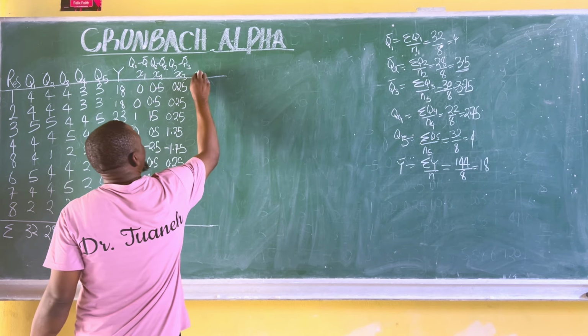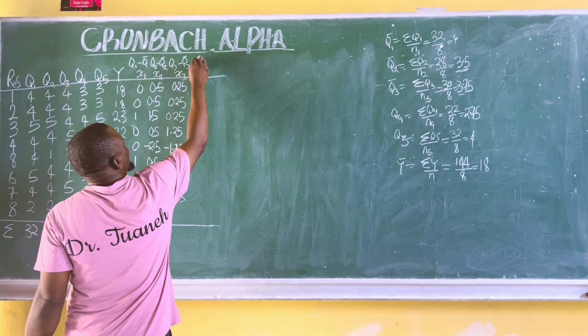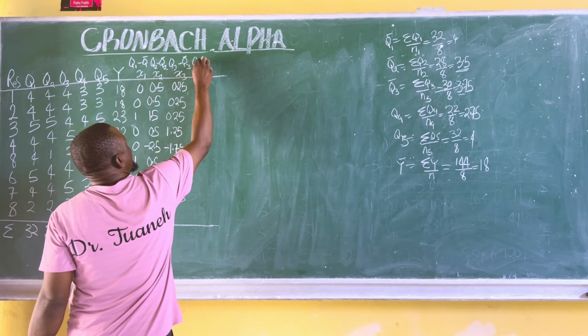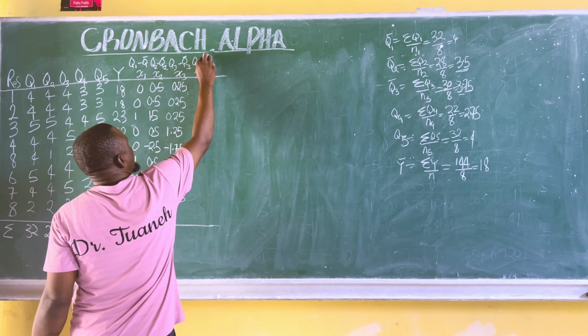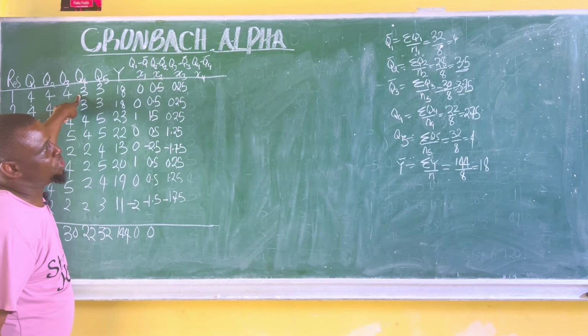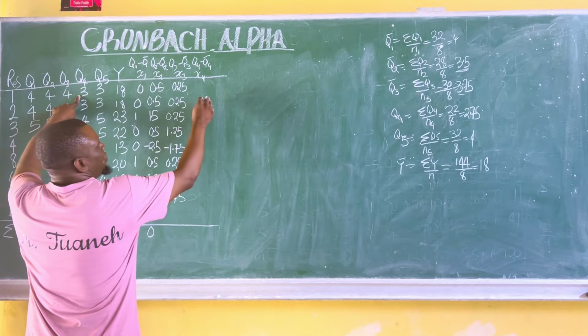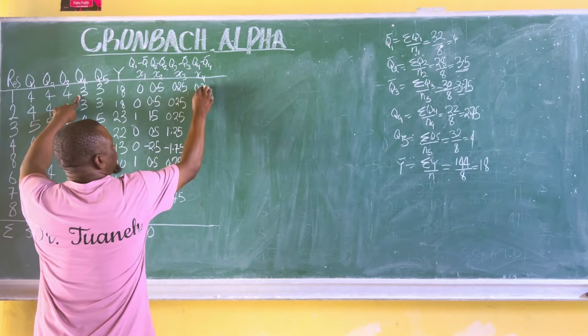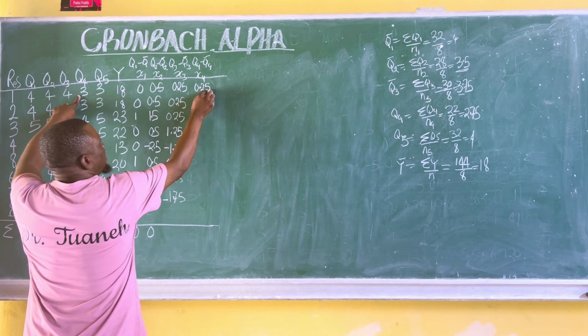So we'll have our X4 as Q4 minus Q4 bar. Okay, so our Q4 here is 3. So 3 minus 2.75, 0.25.